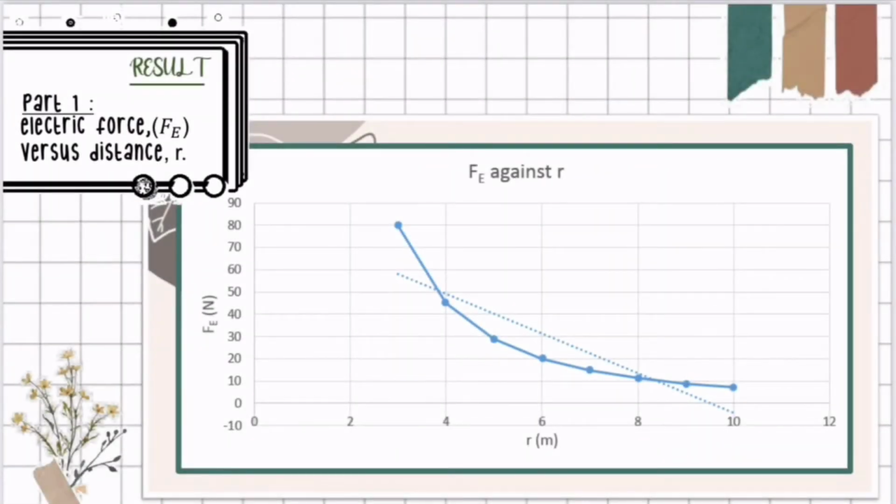From this experiment, we will find the result, which is the electric force versus the distance. Here we know the higher the distance, the lower the electric force.